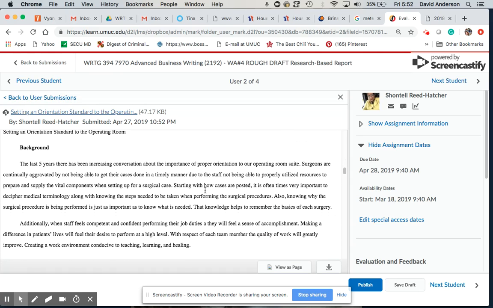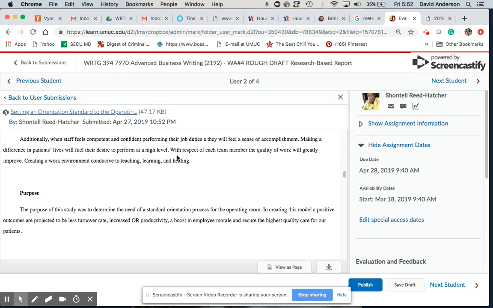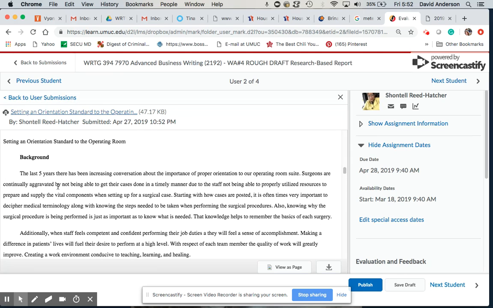As I went through each of these, I noticed the same thing. Here we go, let's take a look at the background. The last 5 years, there has been increasing conversation about the importance of proper orientation to our operating room suite. I want you to reread each of these sentences for grammar.